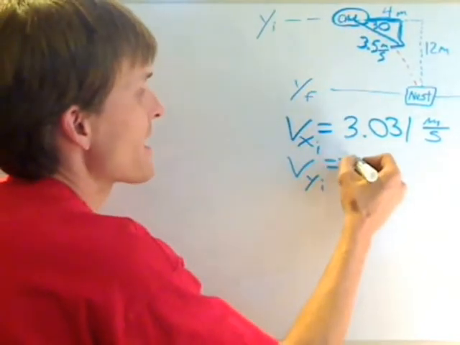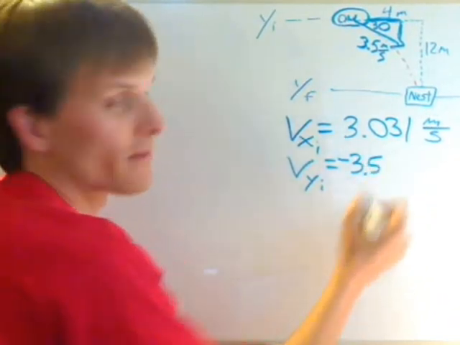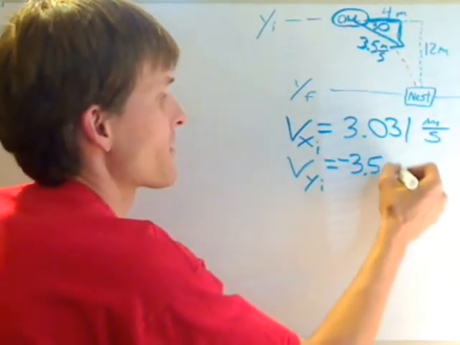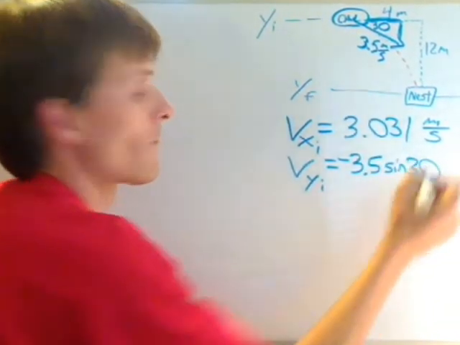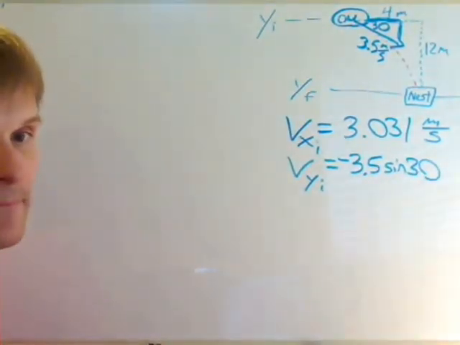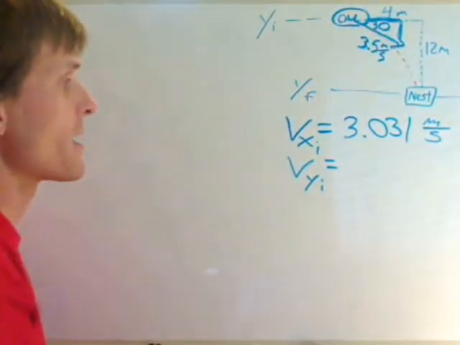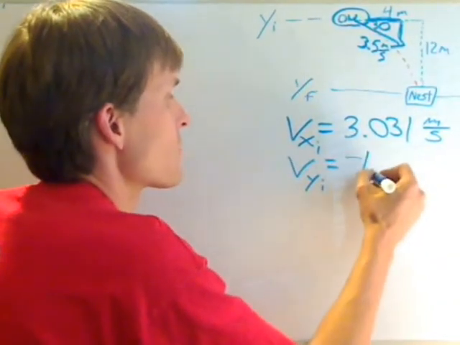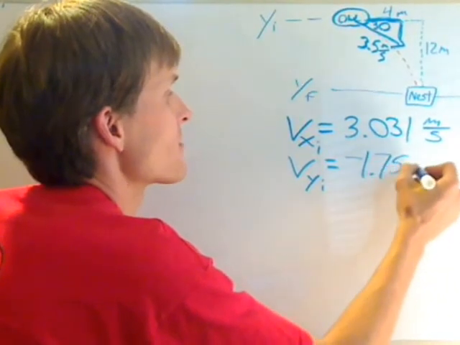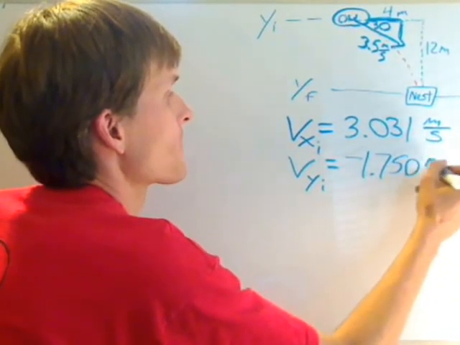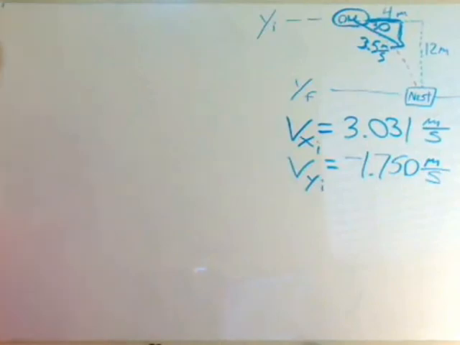So it's going to be negative 3.5 times the sine of 30. You do that calculation, you get an answer that is negative 1.75 meters per second.